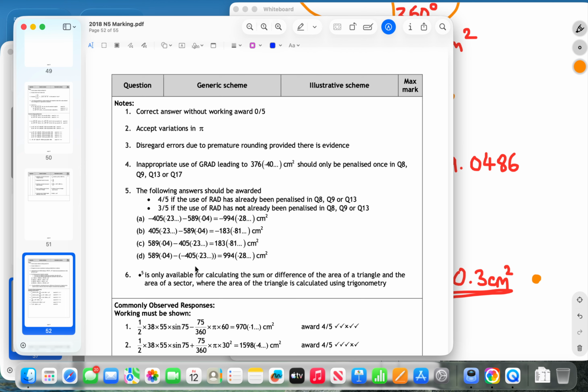So you have to show all of that. If you used radians or grad, then you'll lose 1 mark per paper. So if you lost the mark in another question, you might not lose the mark in this question, because one mark per paper should be lost by the wrong use of either rad or grad.